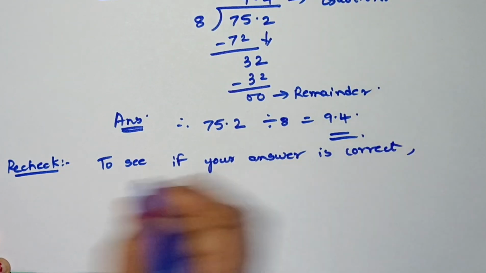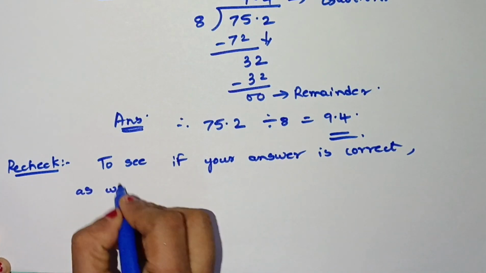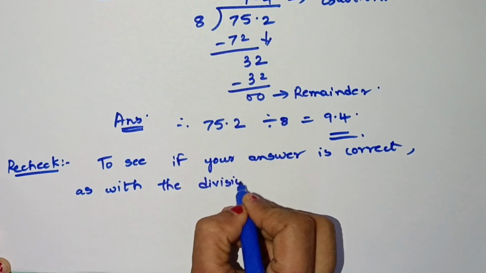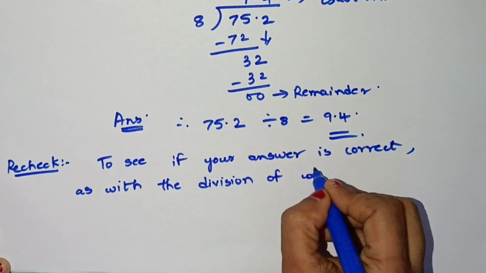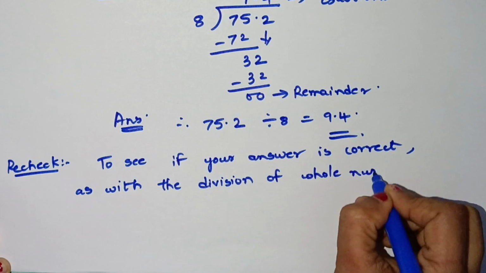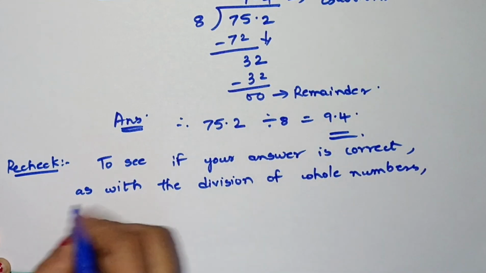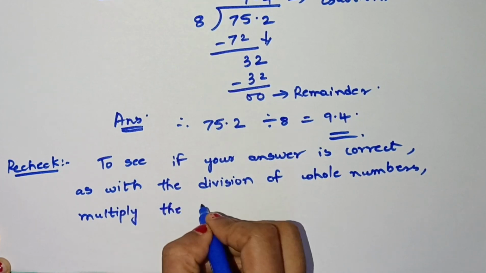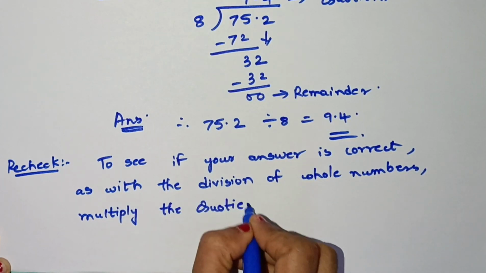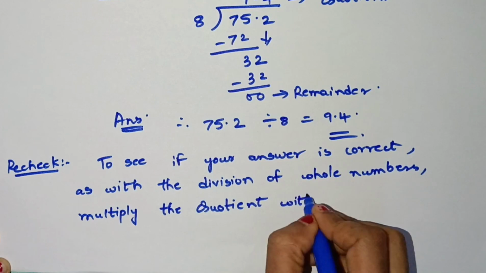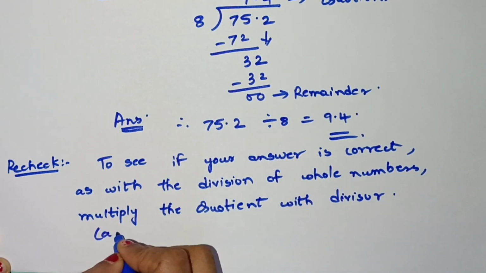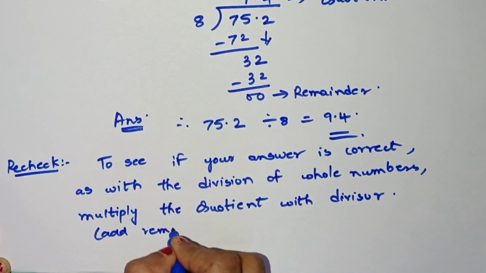As with the division of whole numbers, we have to multiply the quotient with the divisor and add remainder in case you have.